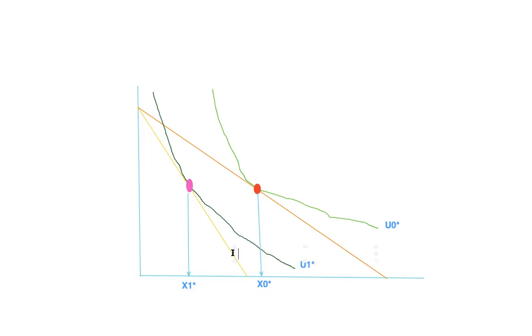And then, to find XS, we're going to take the new budget and find out where it's tangent to the original indifference curve. So we have to take the new budget line.